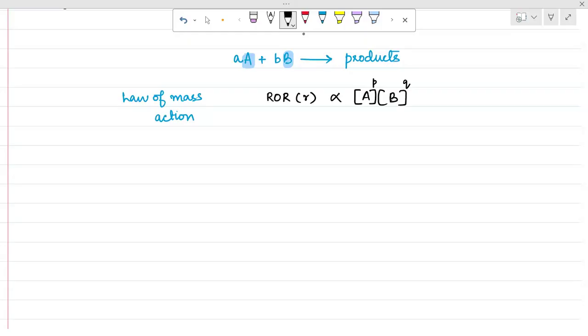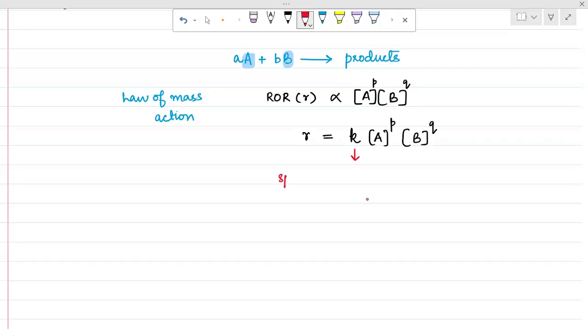Okay? So this is the generalized expression. If I want to remove this proportionality sign, I'll add a proportionality constant. So r is equal to proportionality constant k, concentration of A raised to p, and concentration of B raised to q, where this proportionality constant has several names.